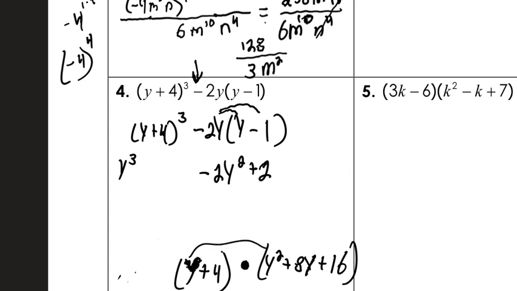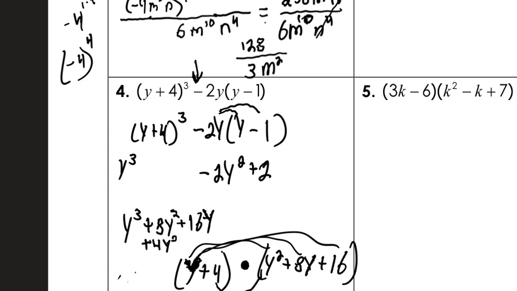Y cubed plus 8y squared, sorry, plus 16 times y, 16y, right? And then we have the 4 times y squared, 4y squared.